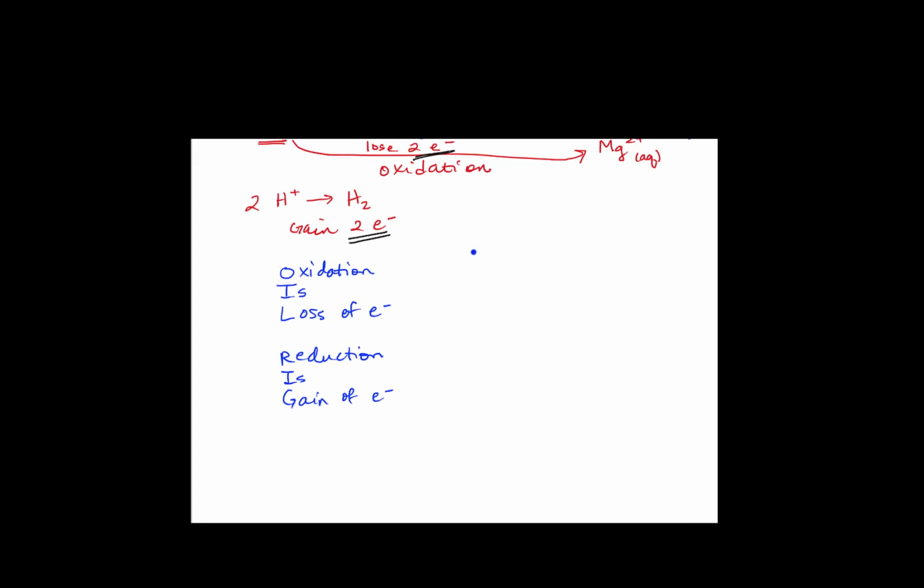You also might be familiar with LEO the lion says GER. And so that just turns it around. Loss of electrons is oxidation. Gain of electrons is reduction.